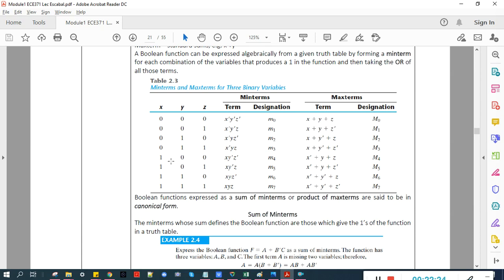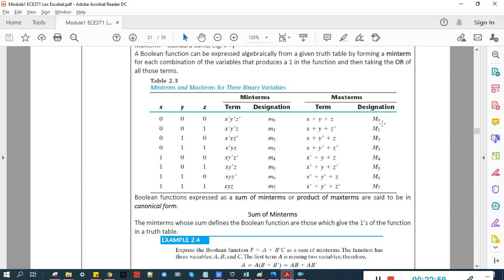For example, 1, 0, 0. So it's 1, so we complement for the max term. So it's x prime, then 0, 0 as is for y and z, and then use the OR operation. And the max term is denoted by the capital letter M. And this is already in the right order with the inputs x, y, z from 0, 0, 0 to 1, 1, 1, or decimal 0 to 7.